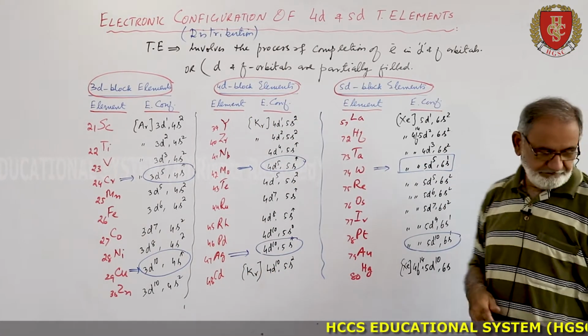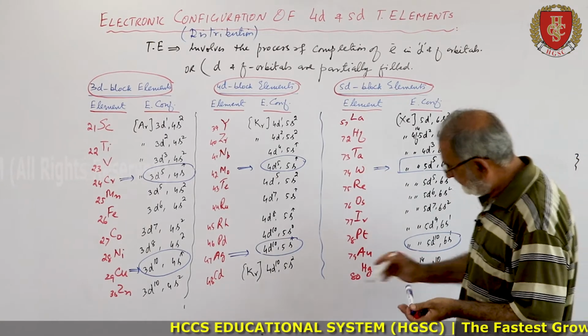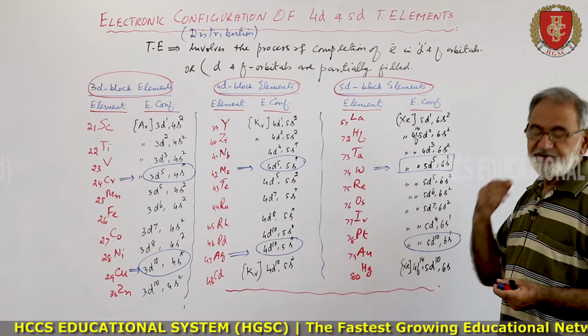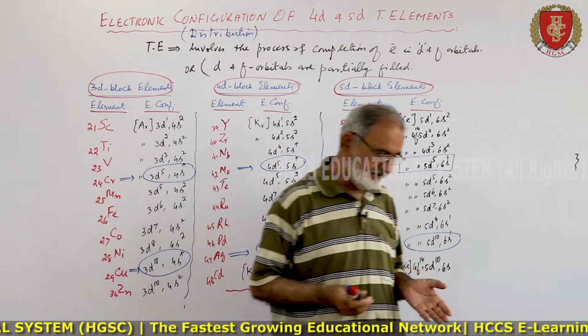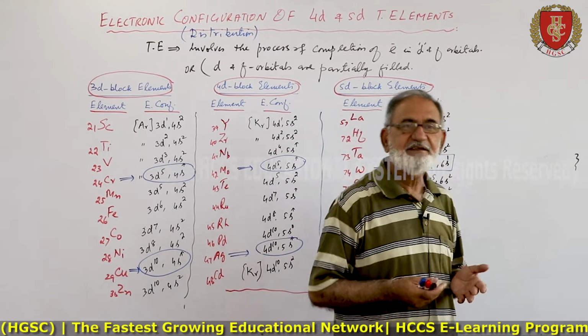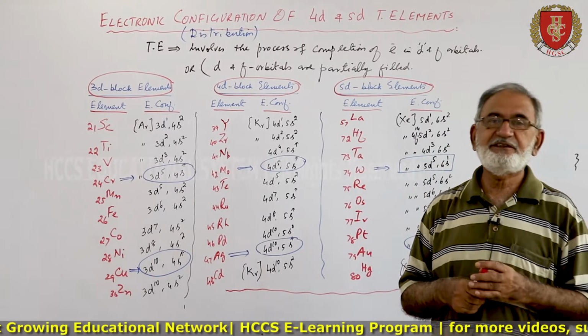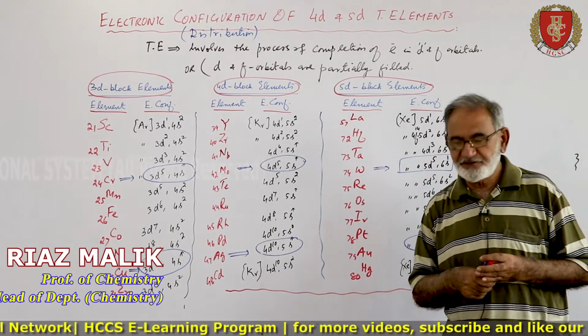Especially in these two cases, the irregularities in the electronic distribution depend upon different factors, as we have earlier discussed: the nucleus-electron attraction and the interelectronic repulsion.